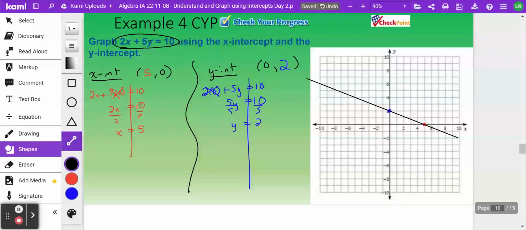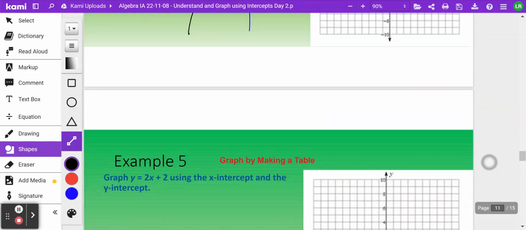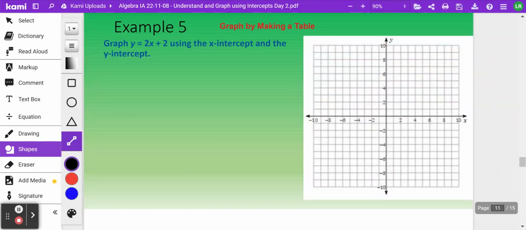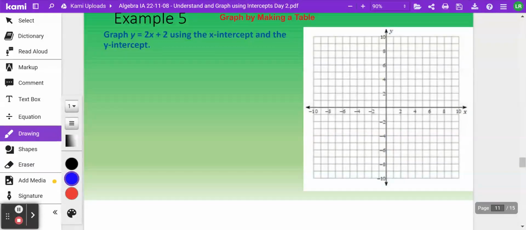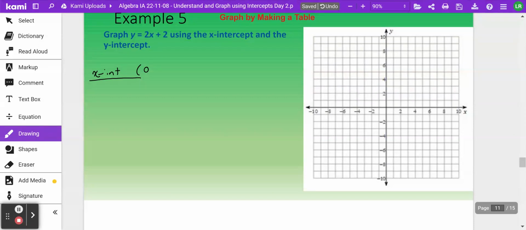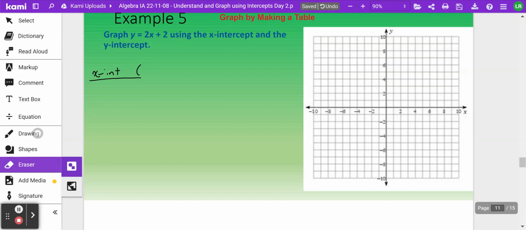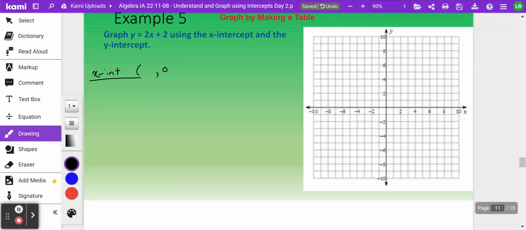Okay, last example before you get to your homework assignment is one that had a y equals. The process doesn't change, it just looks a little bit different. Remember, x-intercept, y is 0.